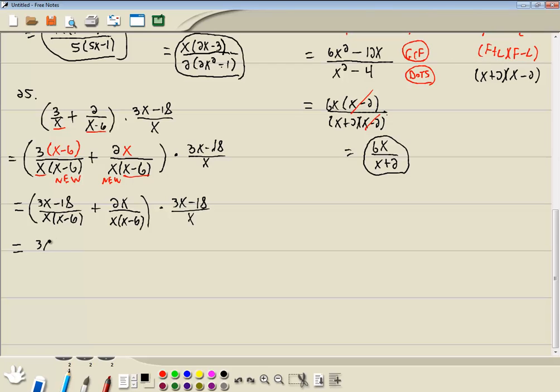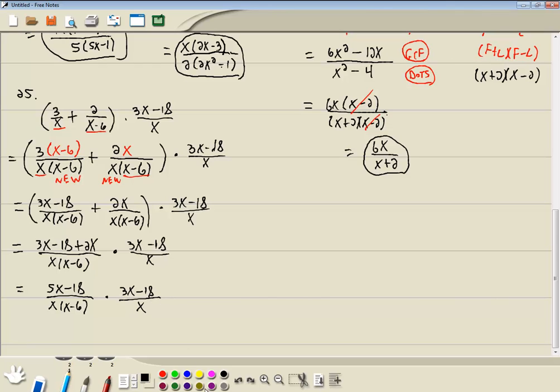So we got 3x minus 18 plus 2x over x times x minus 6 times 3x minus 18 over x. Well, 3x plus 2x is 5x. So we got 5x minus 18 over x times x minus 6 times 3x minus 18 over x.